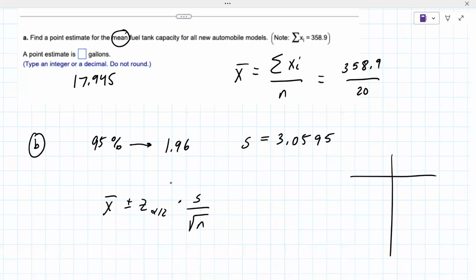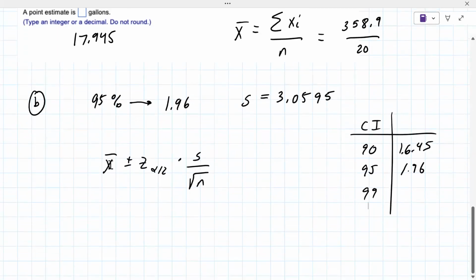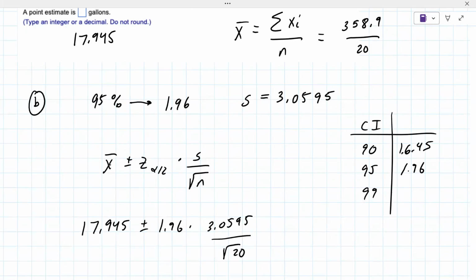For the confidence interval of 95%, you would know to use 1.96, 90% would be 1.645, and so on. You might get a few others in there. So in terms of this, it's 17.945 plus or minus 1.96 times the 3.0595 divided by the square root of 20.